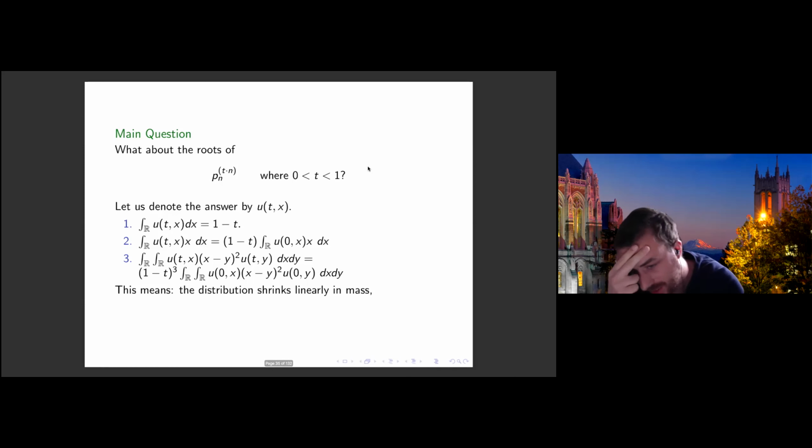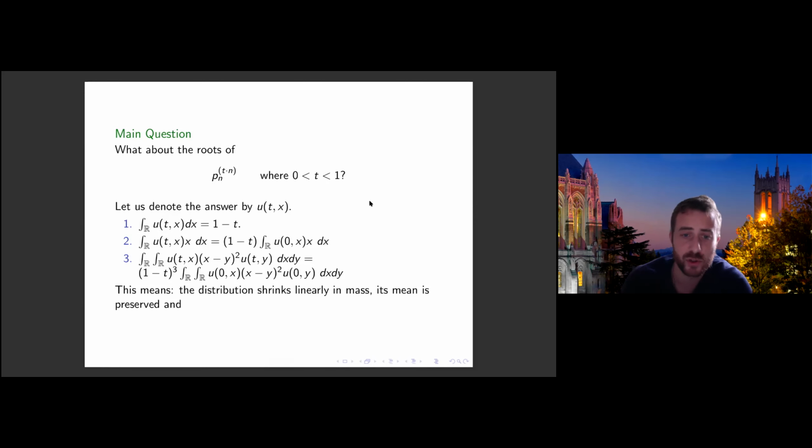So now you can use standard conservation law thinking, and you can say the distribution shrinks linearly in mass, right? So there's a 1 minus t shrinking that occurs. Its mean is preserved, and this thing shrinks like 1 minus t cubed. But each of the individual measures only shrinks like 1 minus t.